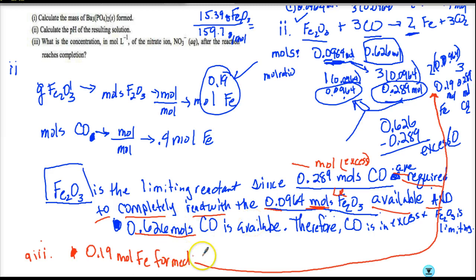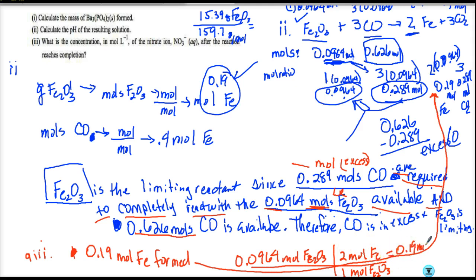But if it's sloppy like that, you wouldn't want to do that. You would want to just take it and very quickly, because you've already figured it out, prove it to them. Moles of Fe2O3, and do your molar ratio, and you have 1 mole of this, to 2 moles Fe equals the 0.19 mole Fe.